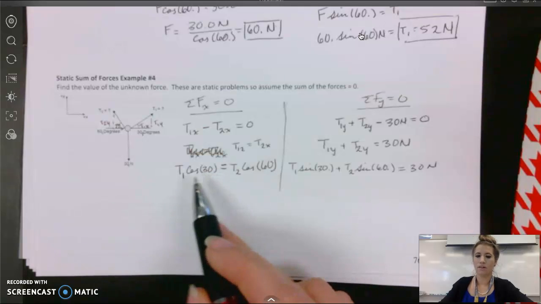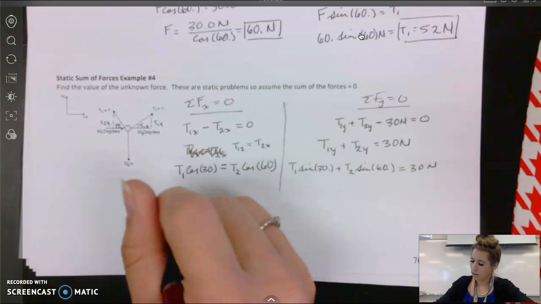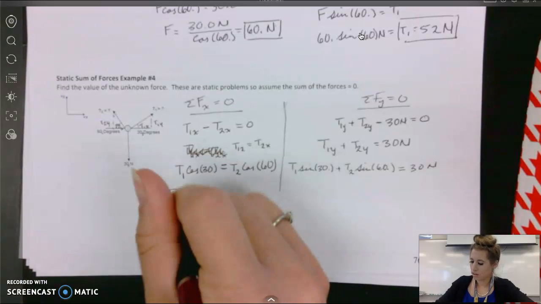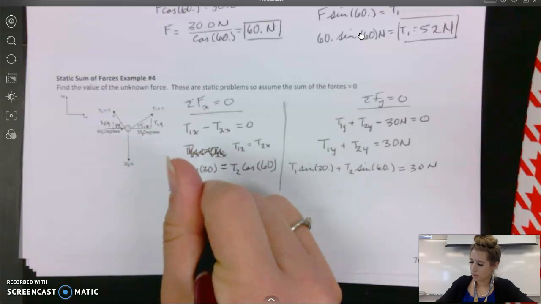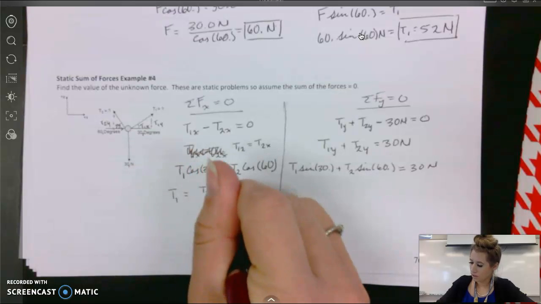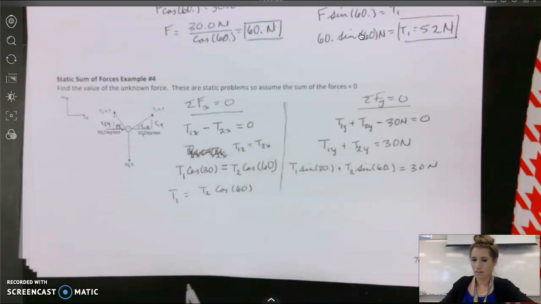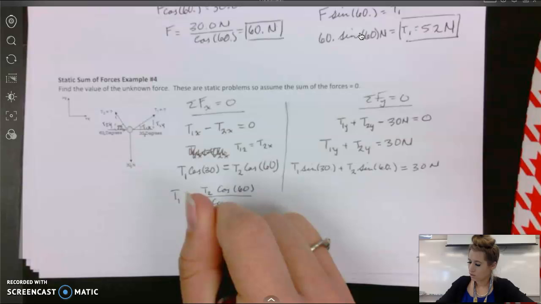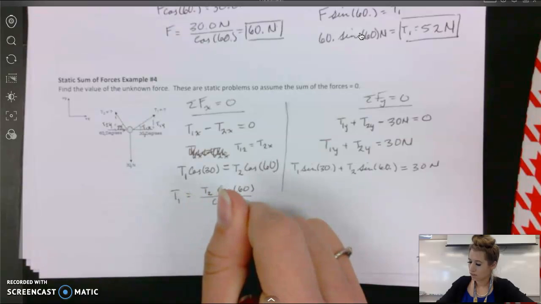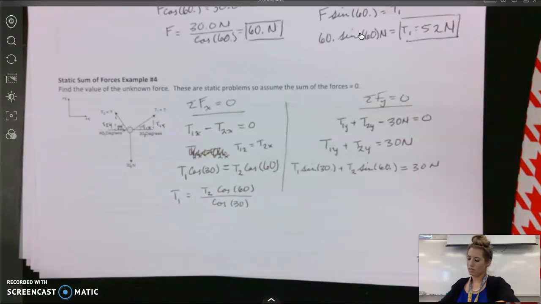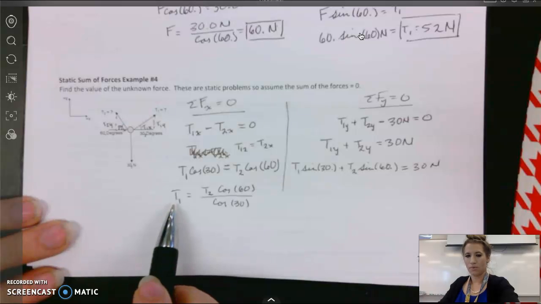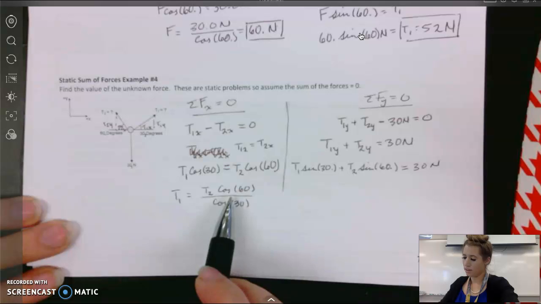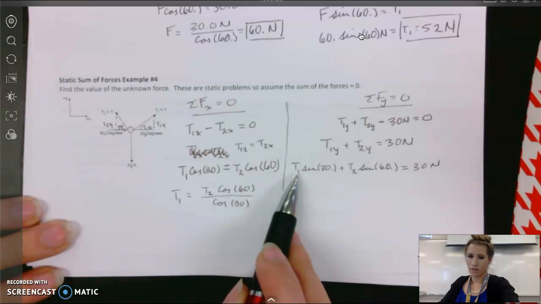So like if I'm looking here and I want to solve for T1, well, all I would do is divide by cosine 30. So T1 would equal T2 cosine 60 divided by cosine 30. Okay? And now I'm going to see this all equals T1. I'm going to take this whole thing and I'm going to plug that in for T1.